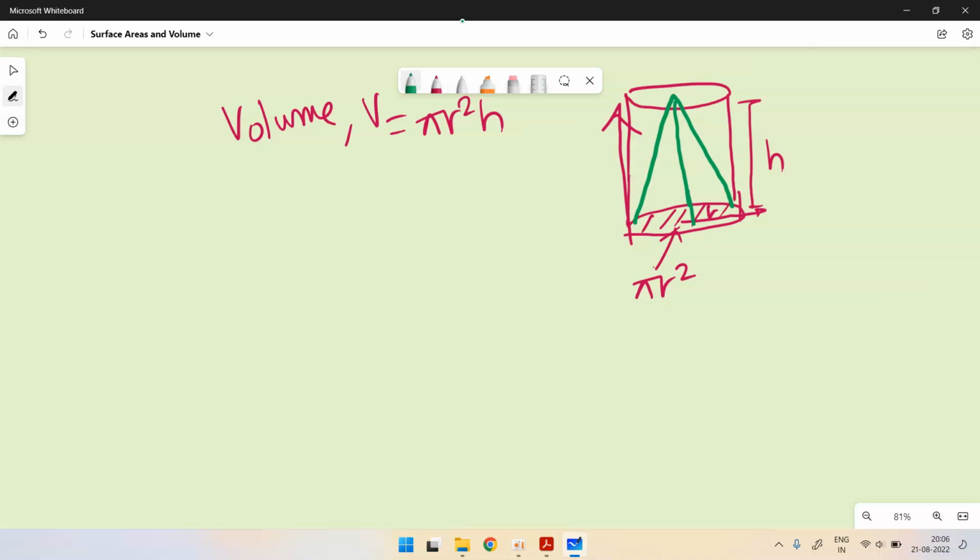It means that the volume of the cylinder of the same height and radius is 3 times the volume of the cone. And this volume is independent of whether the lid is open or closed.